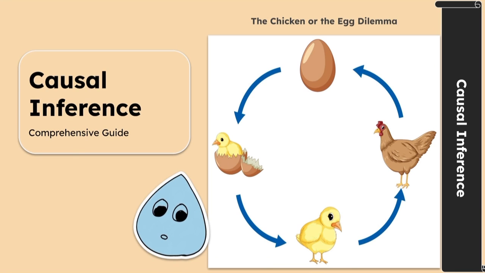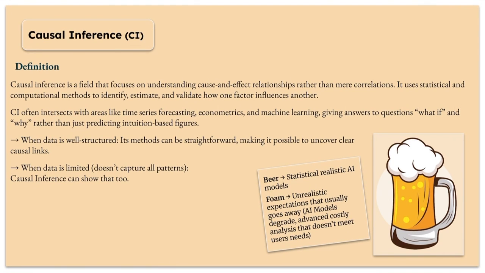Let's get started. So let's start with the definition. CI, or Causal Inference, is a field that focuses on understanding cause and effect relationships rather than mere correlations. It uses statistical and computational methods to identify, estimate, and validate how one factor actually influences another factor, or can be attributed to the target response.